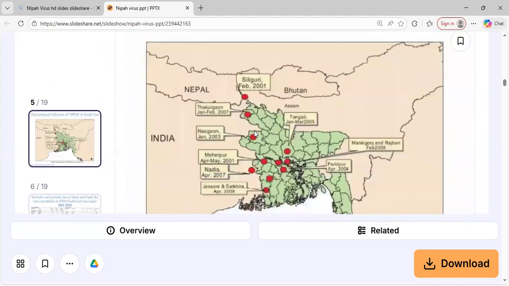We can see here the different outbreaks of Nipah virus in different years. It was first reported in Siliguri in 2001, in Faridpur in 2004, in Manikganj and Rajbari in 2008, and so on.